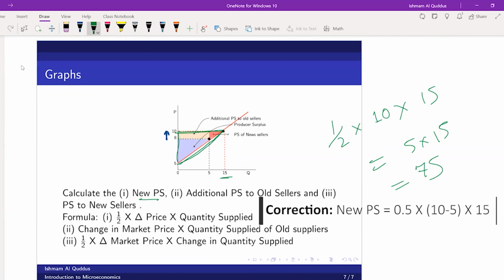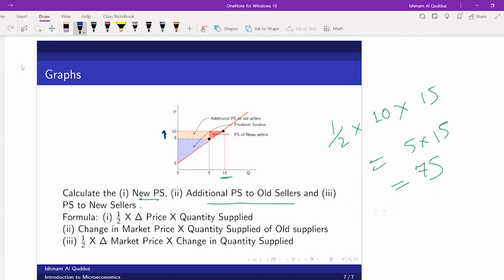So what about the additional producer surplus to the old sellers? Because of this price change, the old producers can actually earn more by selling the same quantity they used to.